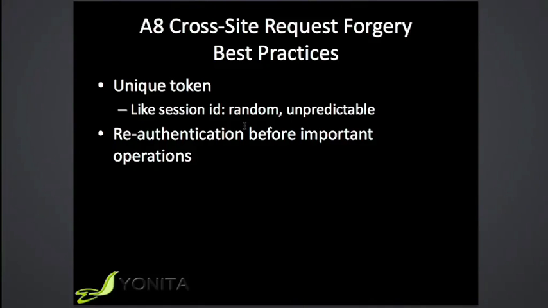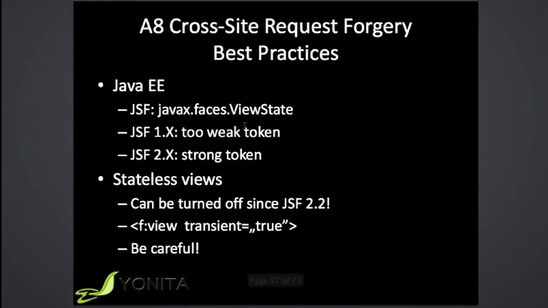So to avoid cross-site request forgery, we need to use unique tokens for our requests. And it's worth considering using re-authentication before important operations. In Java EE, we have out-of-the-box support for cross-site request forgery tokens.